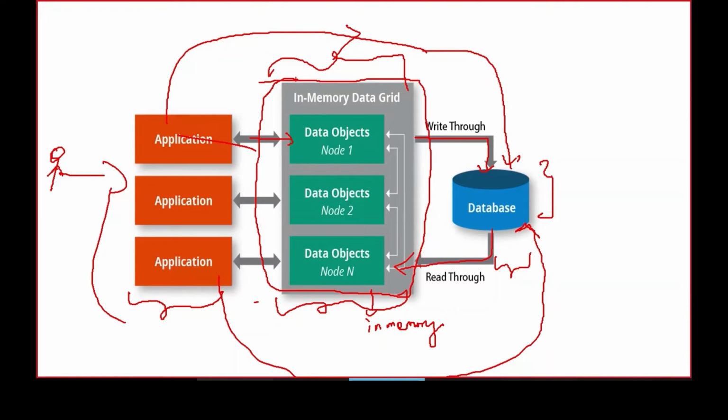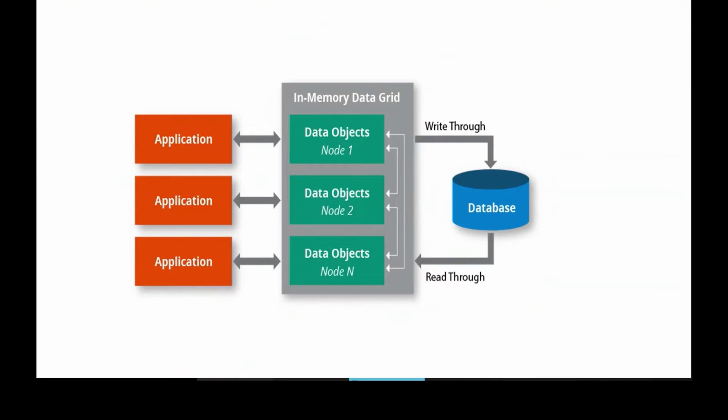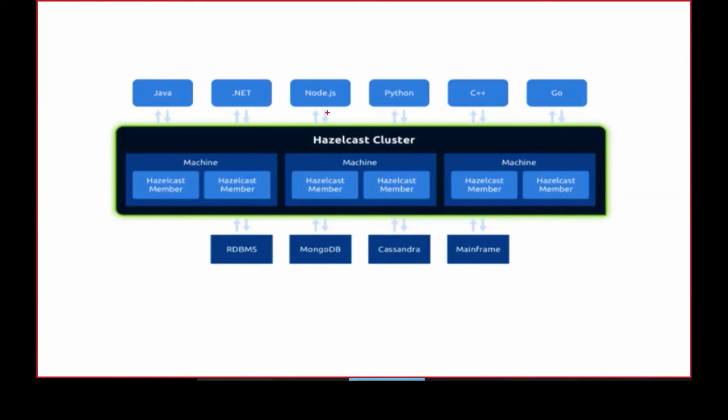So this is just a block diagram, but technically, in depth, we'll go ahead and understand. So this is a typical Hazelcast cluster. Remember one thing, when we talk about a cluster, we need to understand a few important terms.